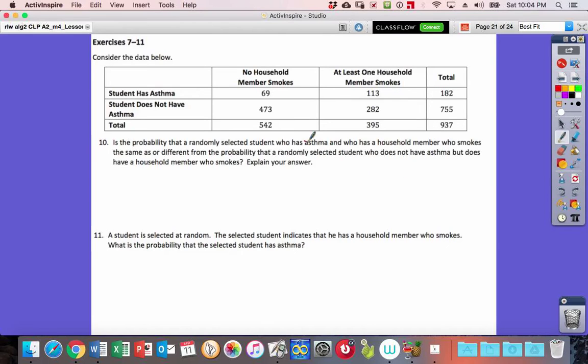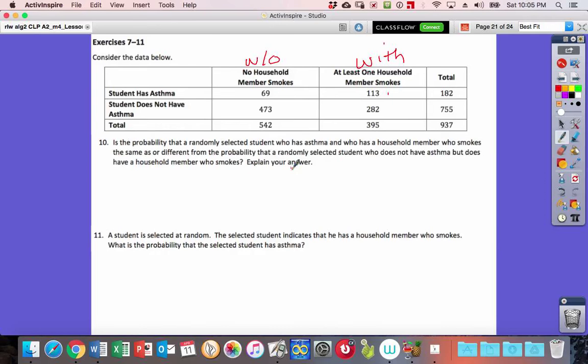Okay, second one. Is the probability, and here I have to do this, no household members, this is without, and this is with. Says, is the probability that a randomly selected student who has asthma and who has a household member who smokes the same or different from the probability that a randomly selected student who does not have asthma but does have a household member who smokes?